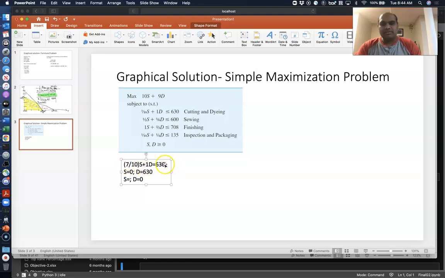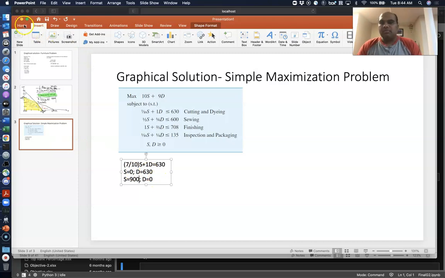So 7s is 6300, and s will be 6300 divided by 7, which will be 900, sorry. So 7/10, so you can multiply that and you get 900 comma 0. So that's on the x-axis and that's on the y-axis, right? Okay, so those are my endpoints.